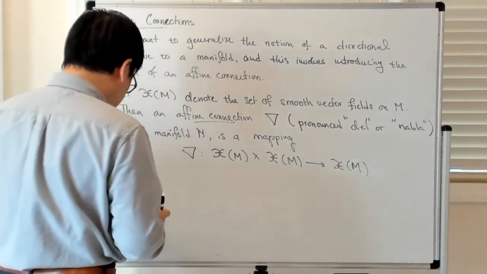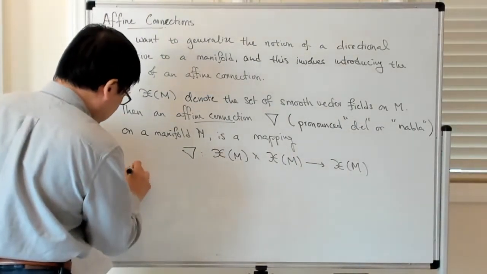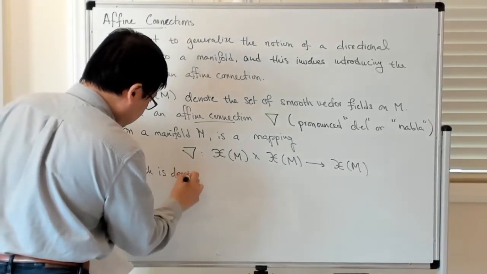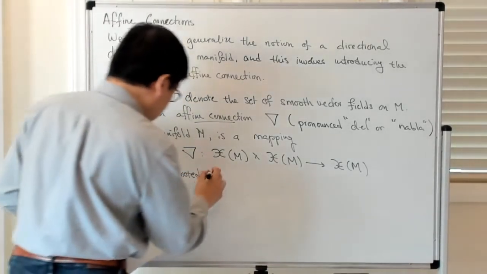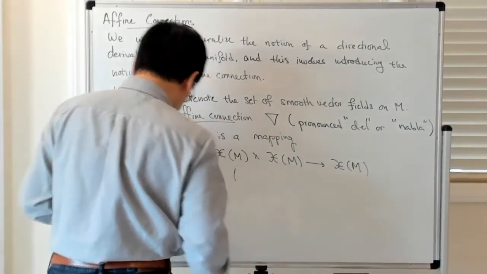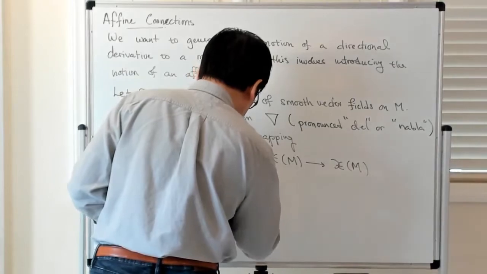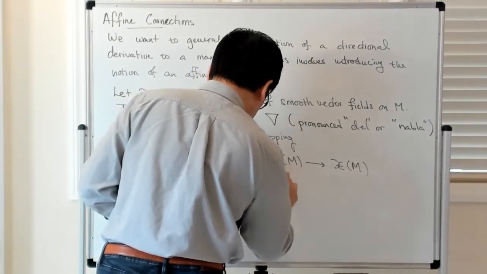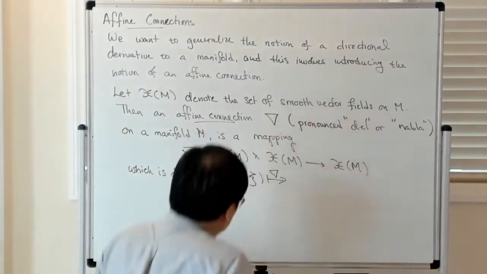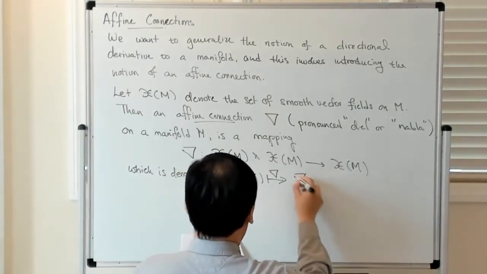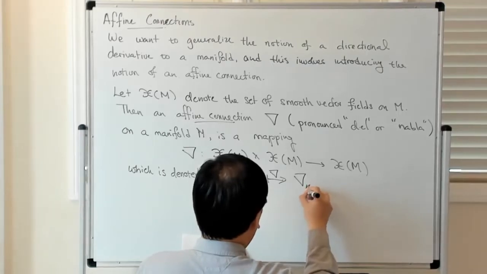Okay, which is denoted by: eta, chi maps by nabla to nabla eta chi.